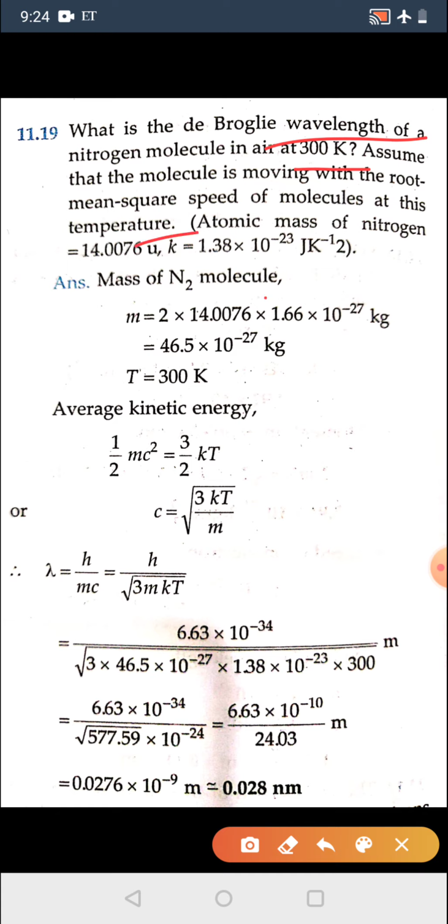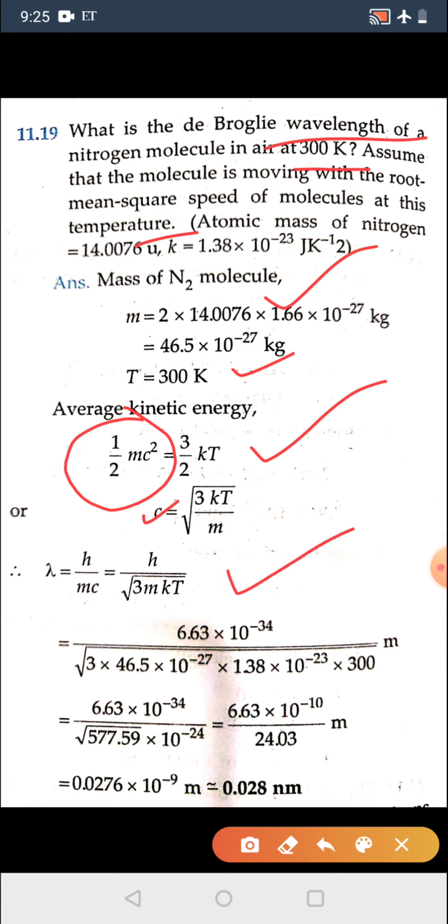First of all, the mass is given in kilogram, and then the temperature. We write half mv square, but here in place of v we write c, the rms speed, so half mc square is equal to 3 by 2 kB into T. So c can be written as under root 3kT by m, and the wavelength lambda is equal to h upon under root 3mkB into T. By substituting all values, you will get 0.029 nanometer.